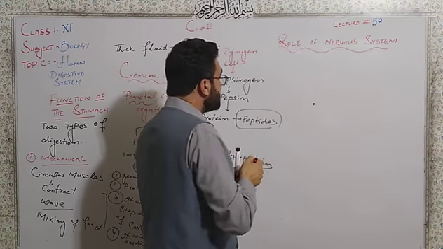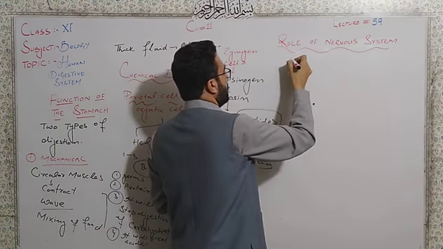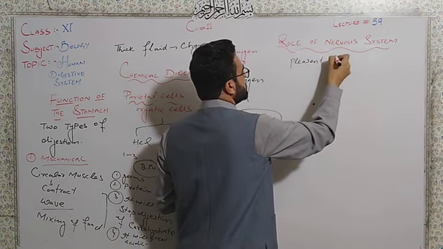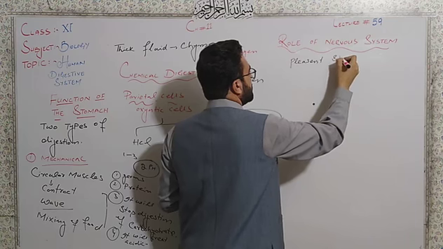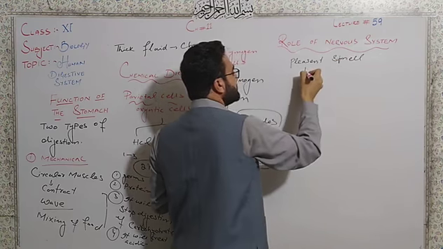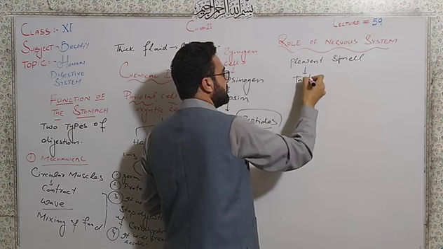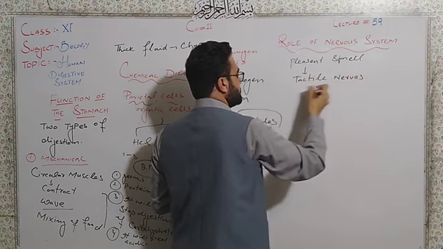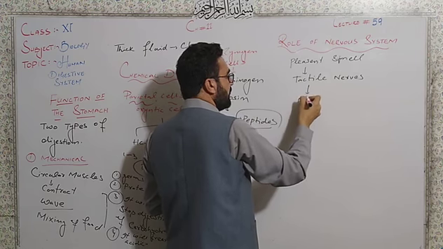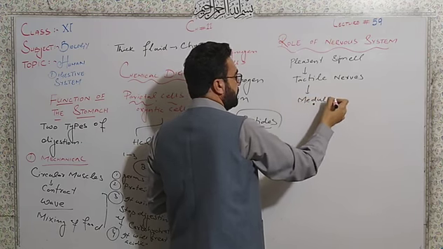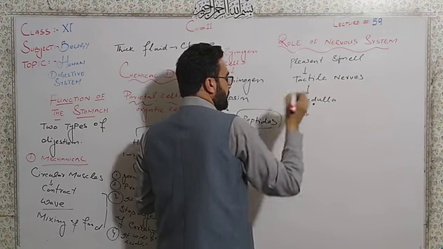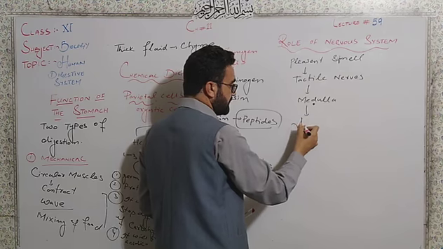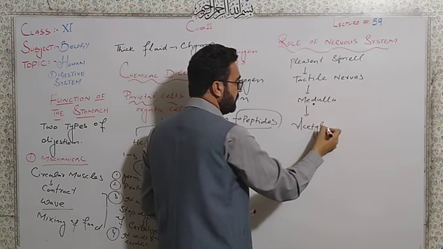So the pleasant smell of the food activates the olfactory nerves, and these nerves stimulate the medulla, part of the brain, which starts secreting a neurotransmitter called acetylcholine.